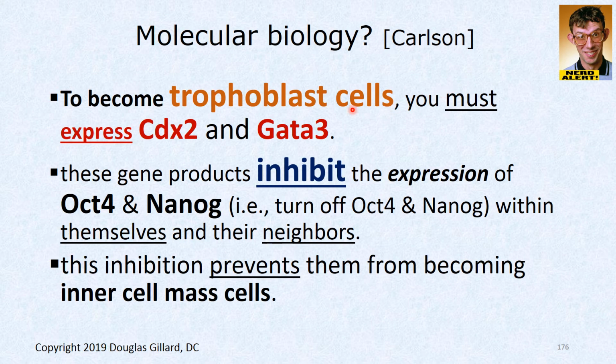And so the genes that get turned on in trophoblast cells are CDX2 and GATA3. And they inhibit the expression of Oct4 and Nanog. Okay? And if Oct4 and Nanog, or their gene products, can't be expressed, the cells won't become inner cell mass cells. They have to become trophoblast cells.